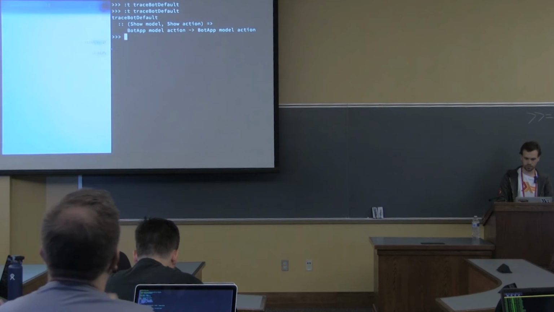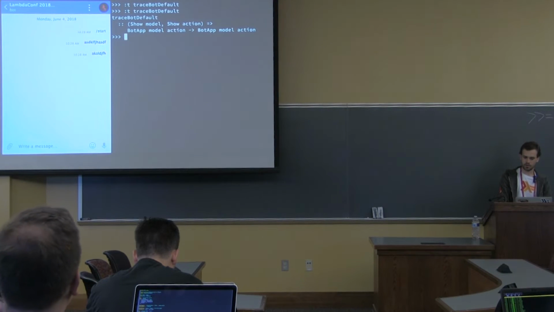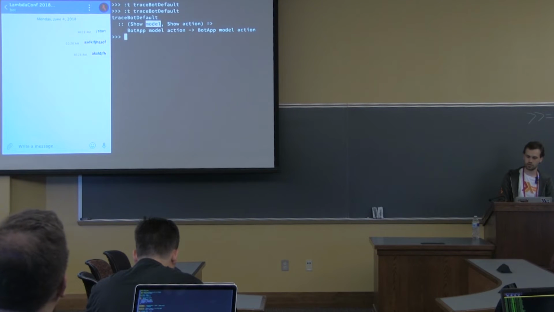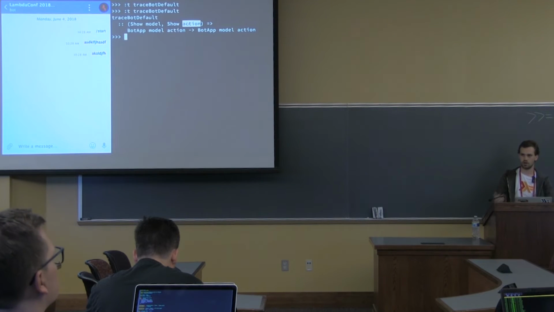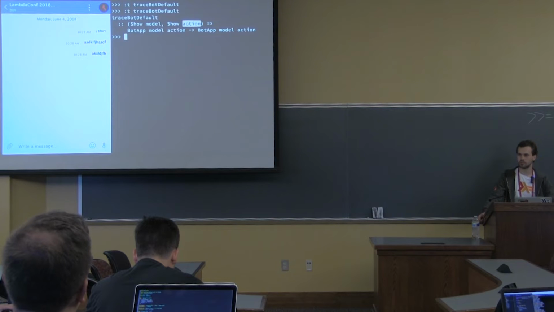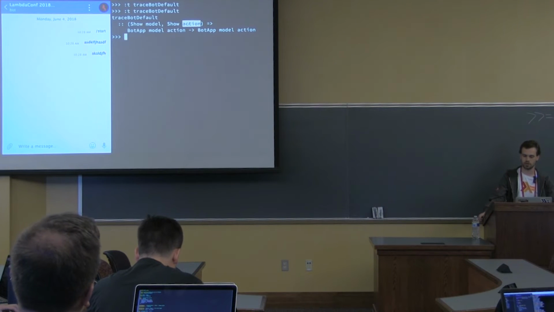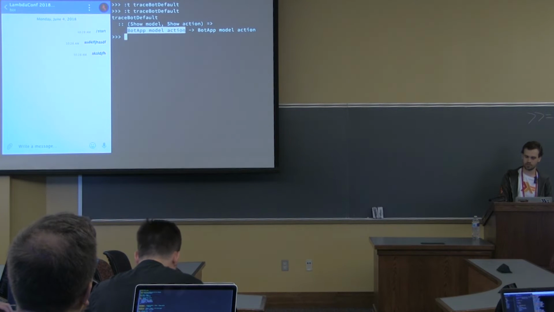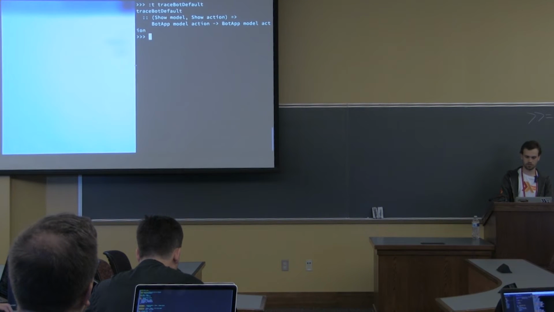It uses show for model and show for action to display what is the current state of model and what actions are being handled, and it just transforms a bot application, right? So it takes a bot application and produces a bot application.